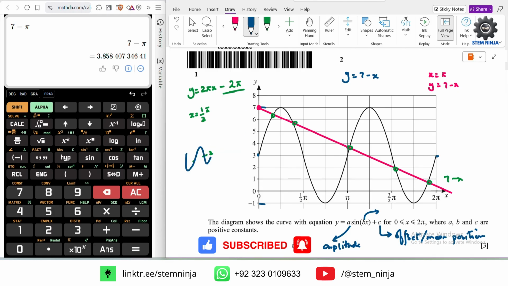We can choose simple numbers instead. For example, where x is equal to 1, you have 2 pi minus 2 pi, so y would be 0.